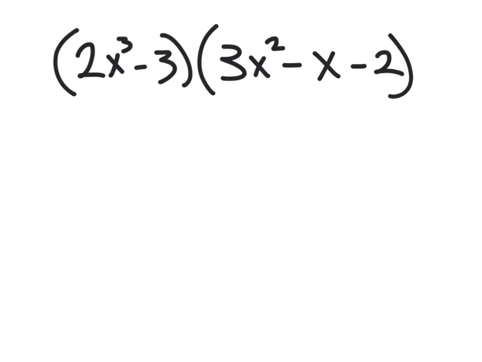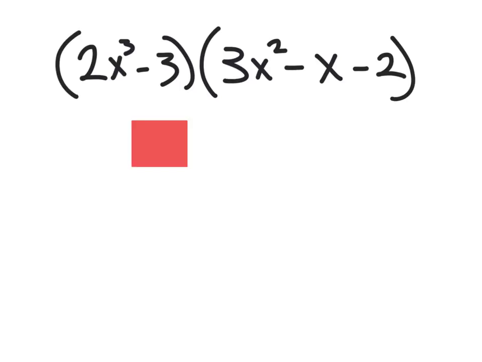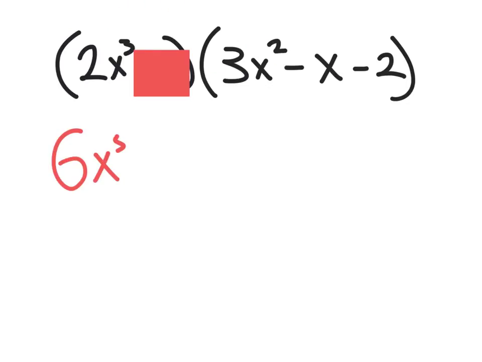It's simple distribution, right? So right here we do have a binomial times a trinomial. So I always like to cover up the term I'm not distributing. All right, so we're going to distribute the 2x to the third. 2x to the third times 3x squared is 6x to the 5th.